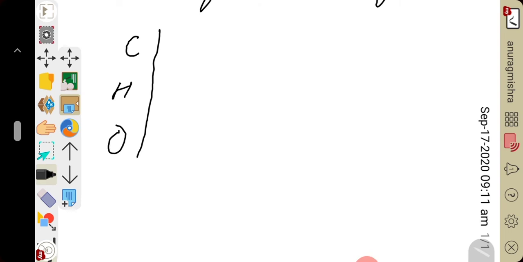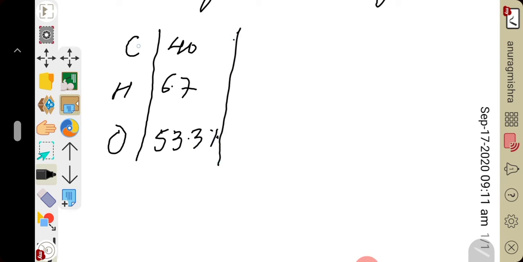Write down the percentage composition of these elements: carbon is 40%, hydrogen is 6.7%, and oxygen is 53.3%. Now write down the atomic masses of these elements. Carbon atomic mass is 12, hydrogen atomic mass is 1, oxygen atomic mass is 16.